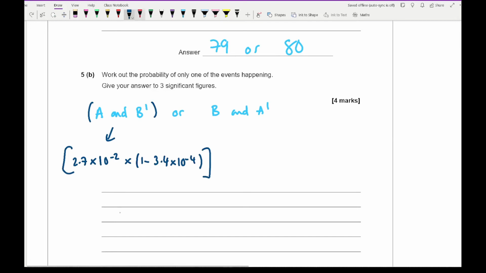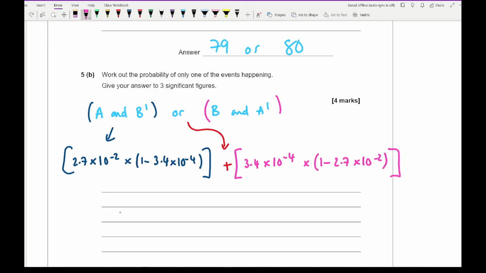Or means add. And then for this situation here, we want the probability of B, which is 3.4 times 10 to the power of minus 4, multiplied by 1 minus the probability of event A, which is 2.7 times 10 to the power of minus 2.